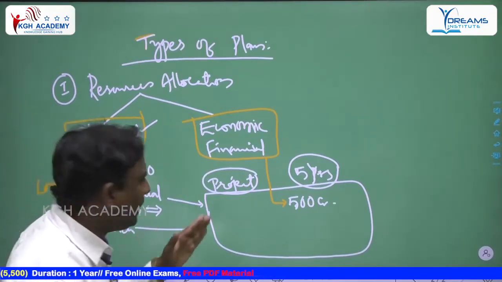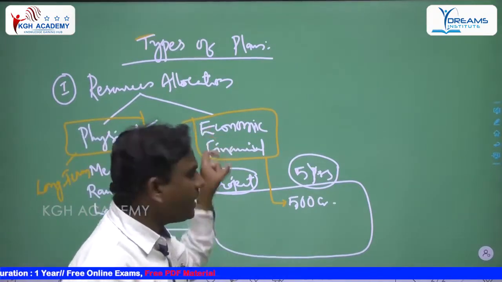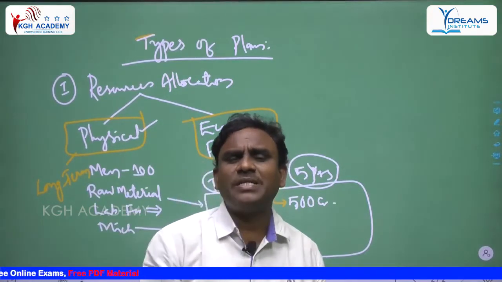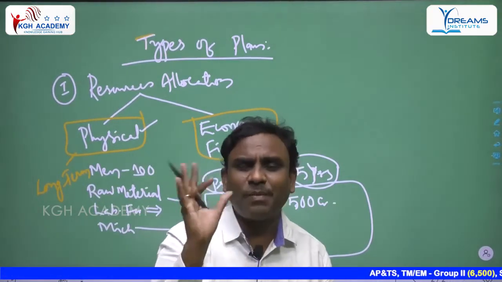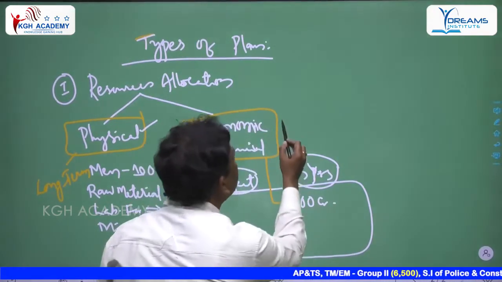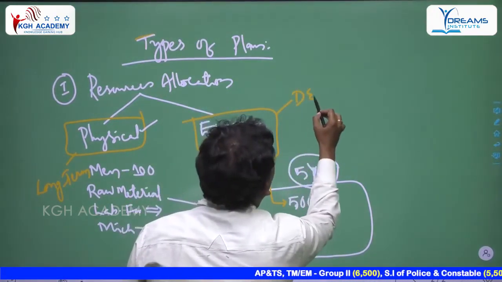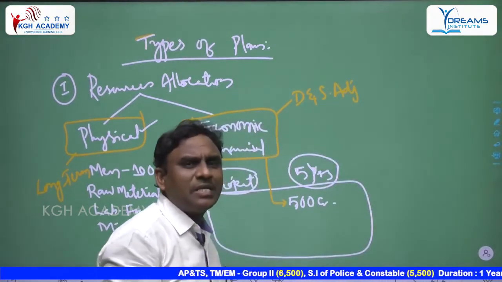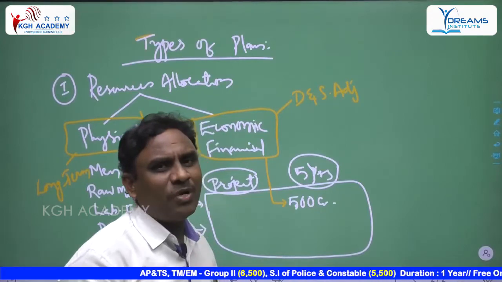Next, in economic or financial plan, there is one kind of adjustment between demand and supply. This is called the demand and supply adjustment mechanism.